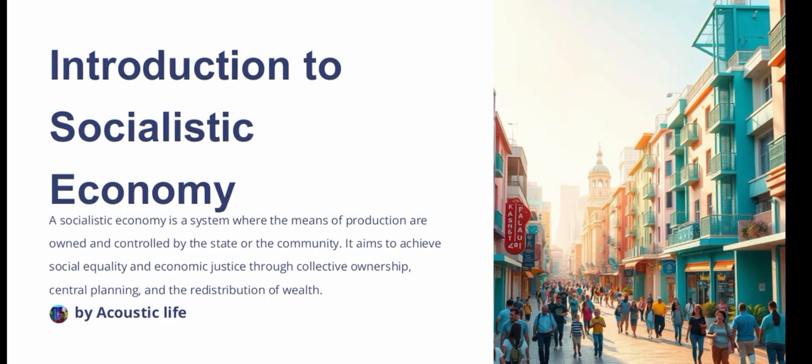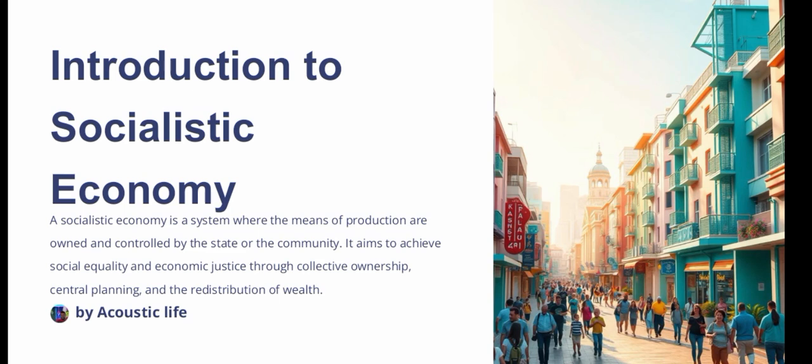What is a socialistic economy? A socialistic economy is a system where the means of production are owned and controlled by the state or community. It aims to achieve social equality and economic justice through collective ownership, central planning, and the redistribution of wealth.